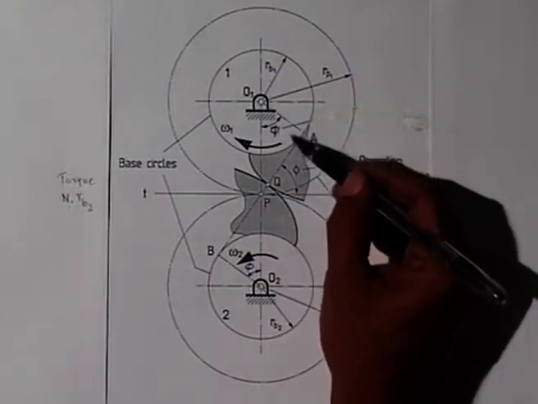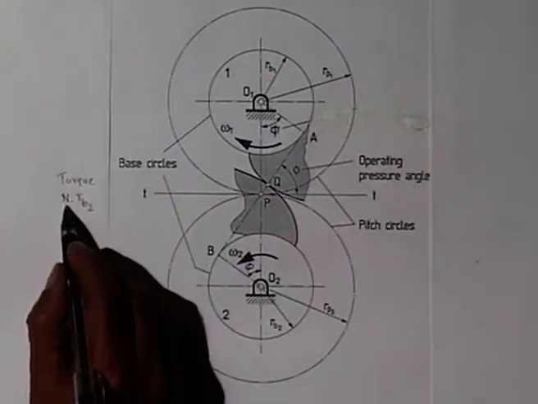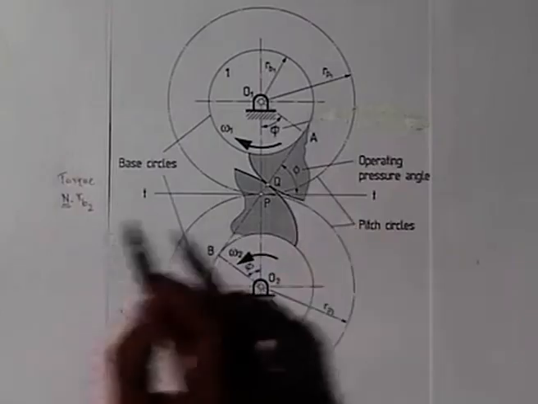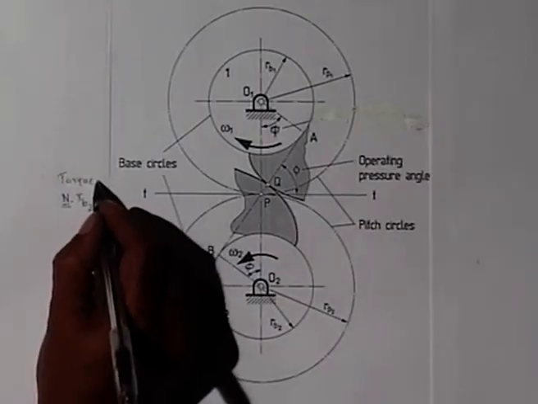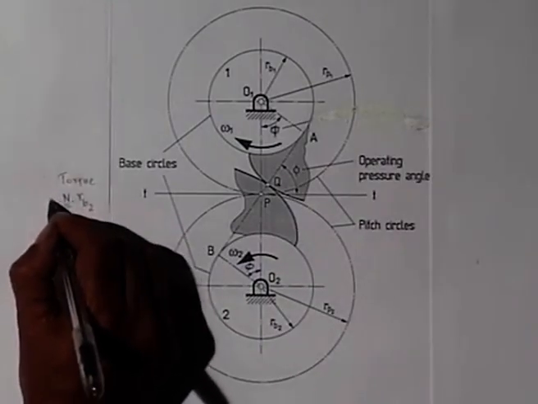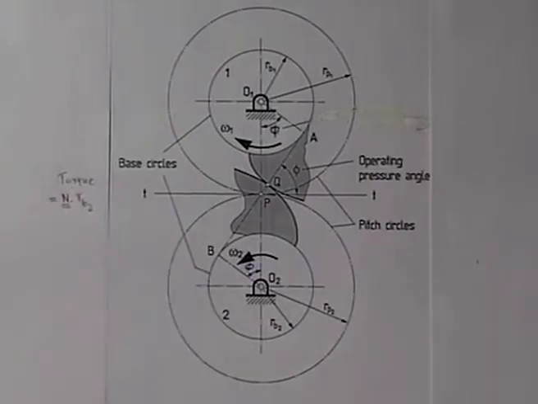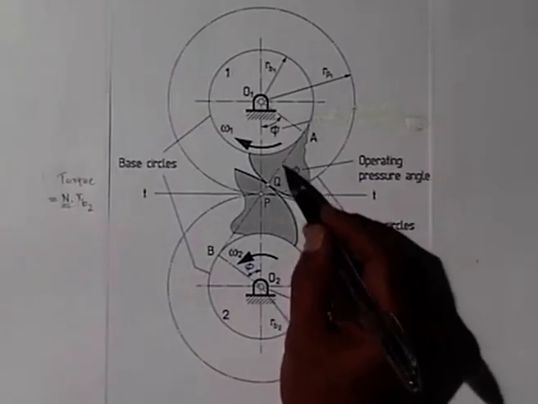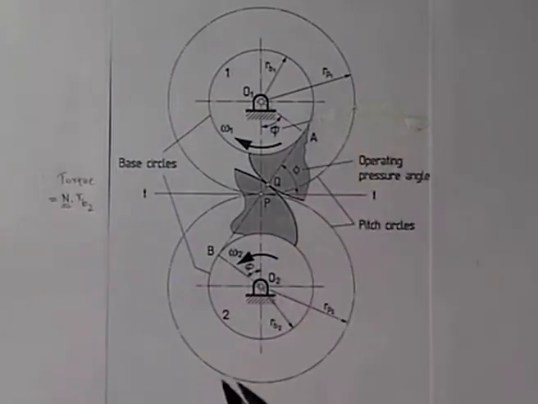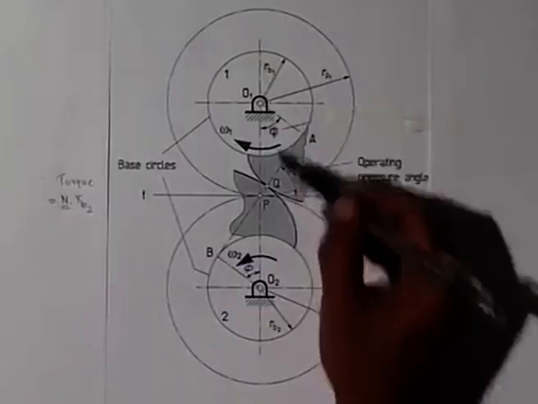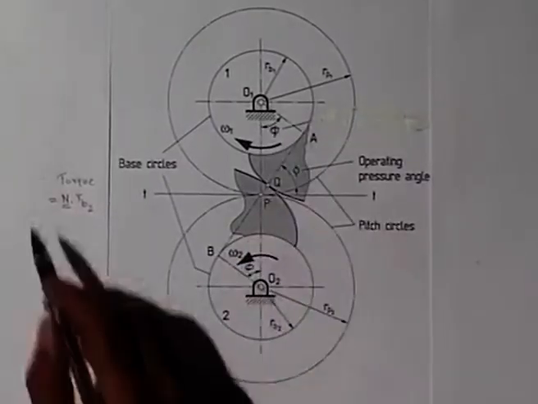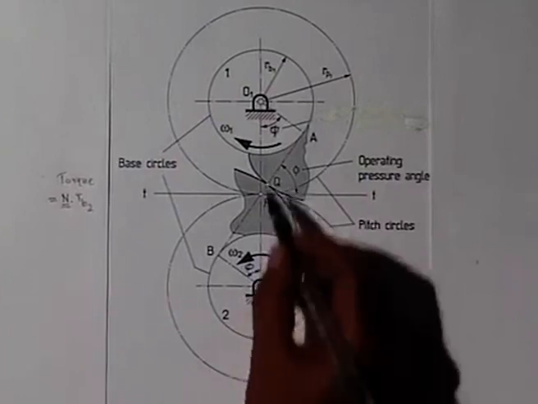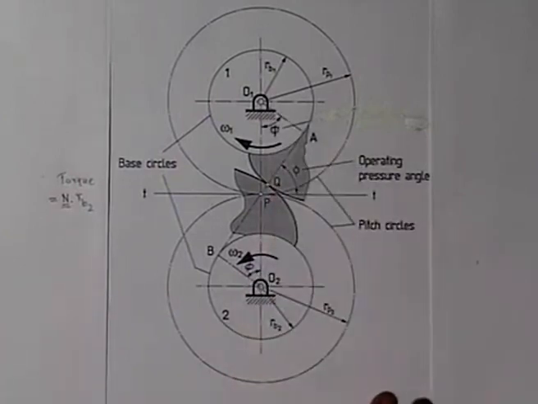So, the direction and magnitude of N both remain constant, because phi does not change, and if we are transmitting a steady, constant torque, then the magnitude of N is constant. Because phi is constant, the direction of N is constant, which means the bearing reactions while the gears are transmitting a steady torque remain the same, so the bearings are not subjected to any dynamic reaction.